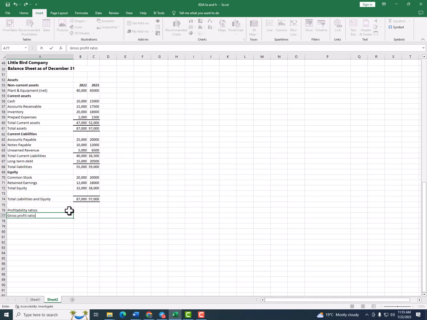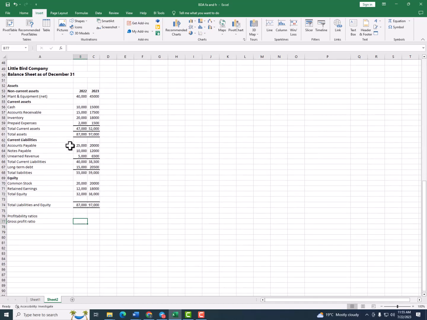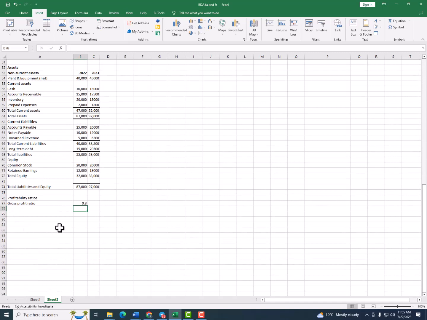Now gross profit ratio is calculated as the gross profit over revenues. So what do we do? We type in equals, we click on the gross profit over revenue for the period. We have 0.3. We can convert it into percentage.